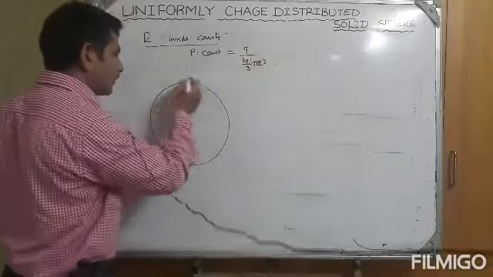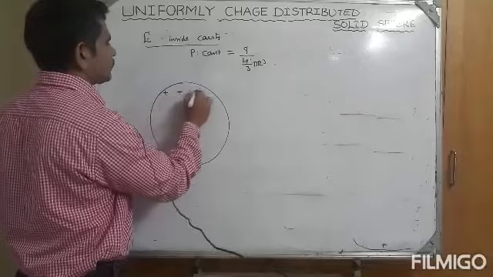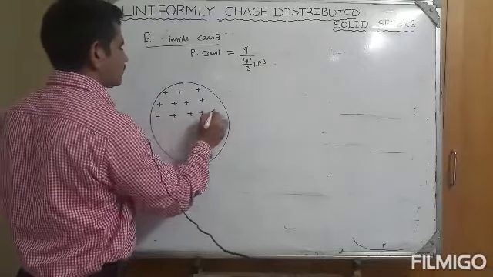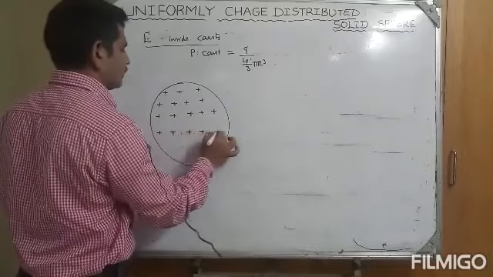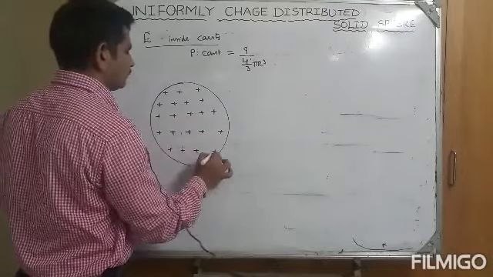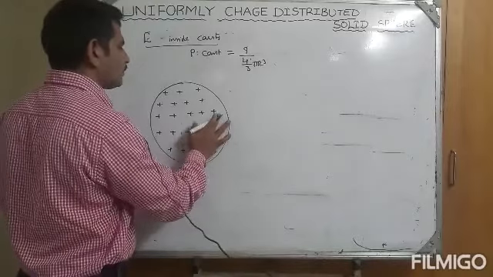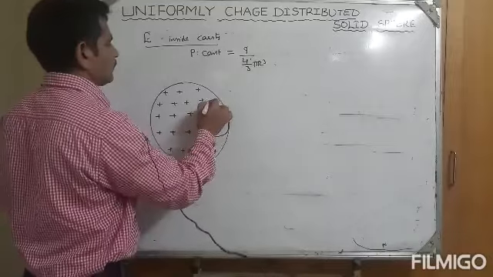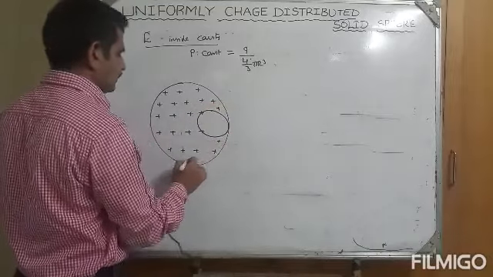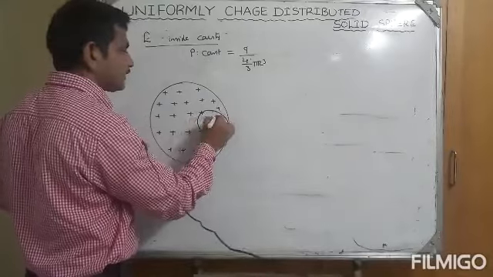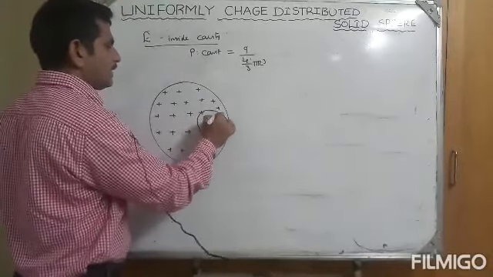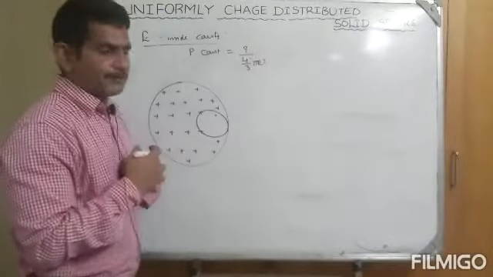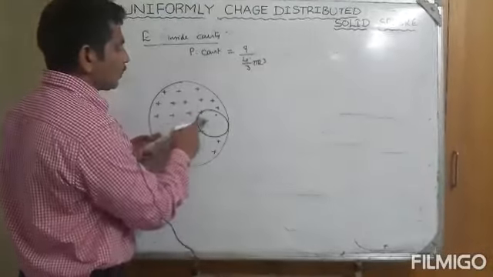From this uniformly charged distributed solid sphere, you are removing a part of the solid sphere. So then what is the electric field intensity? This is called cavity. Inside the cavity, what will be the electric field intensity? You have to consider these as two objects.